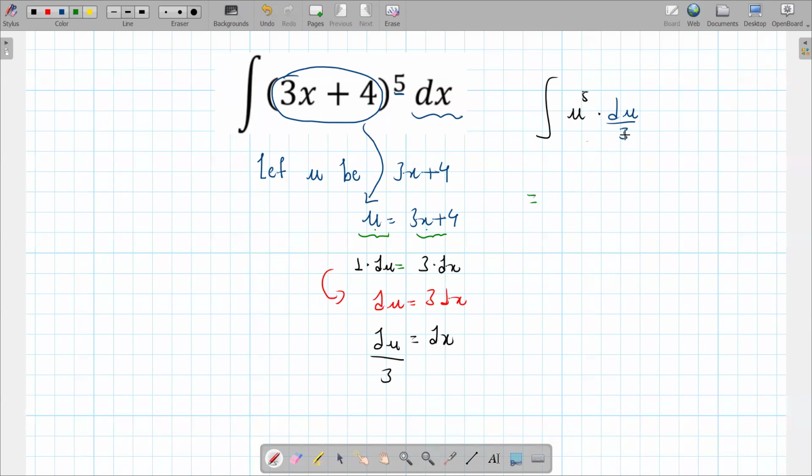Now if there's a constant, you can always pull that out of the integral. You don't even have to worry about it. So that one-third, I'm going to pull it all the way out. What's the integral of u to the power 5? It's just like x to the power 5.